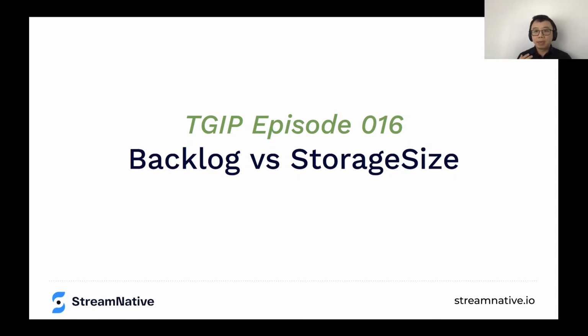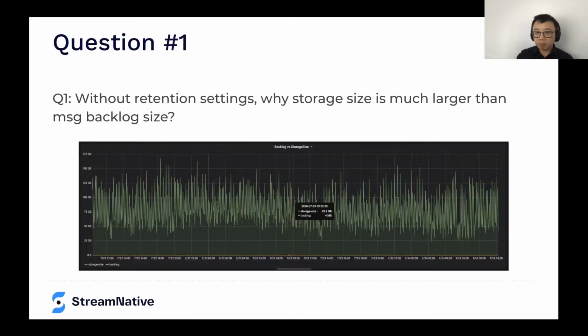I hope I can give you an overview and also provide some rules for you to troubleshoot any issues related to backlog and storage size in production, as well as give you a go-to production checklist that you should pay attention to when you configure the Pulsar clusters.